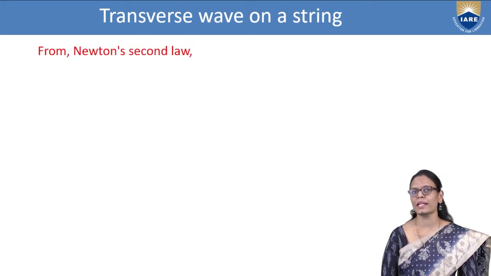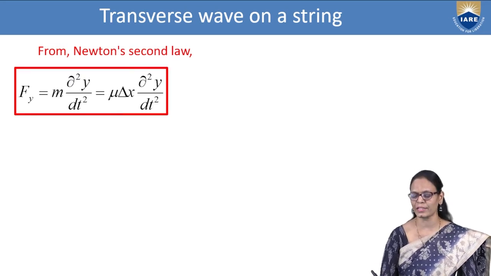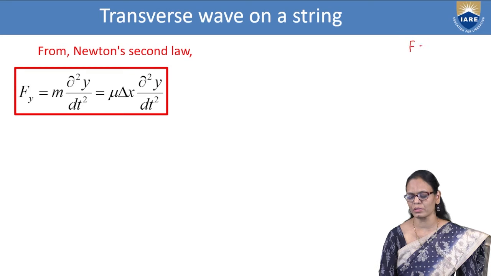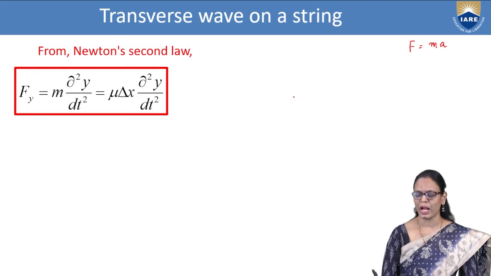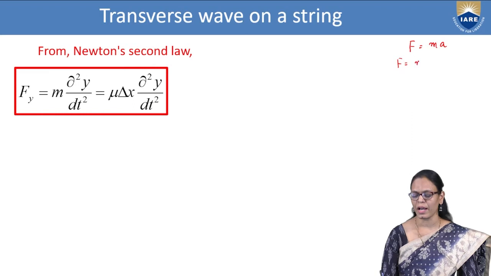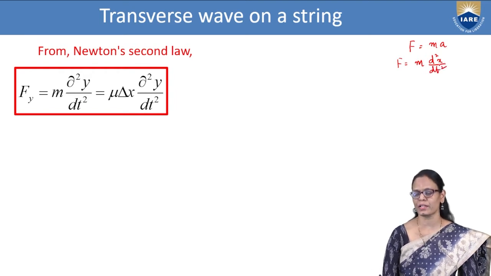Now, Newton's second law. What does Newton's second law tell us? F is equal to ma. Force is equal to mass into acceleration, and acceleration is nothing but the rate of change of velocity, which we write as m d²x/dt².